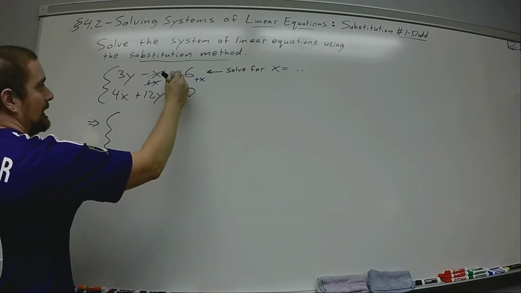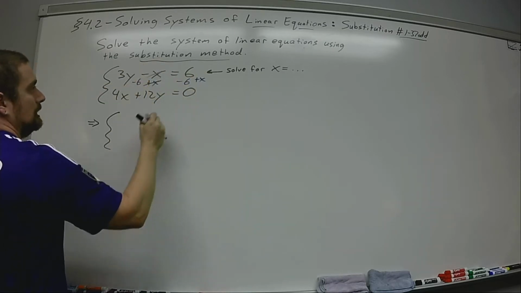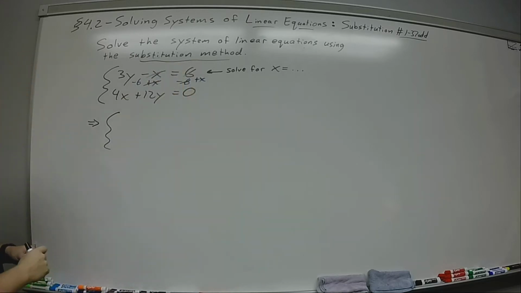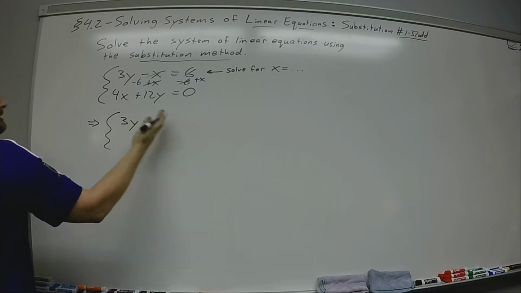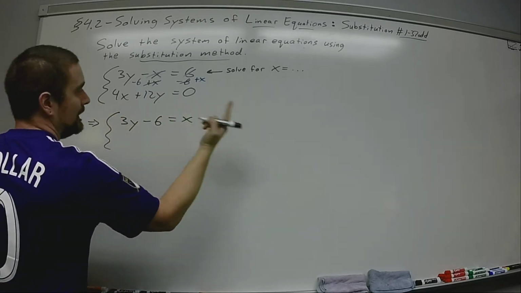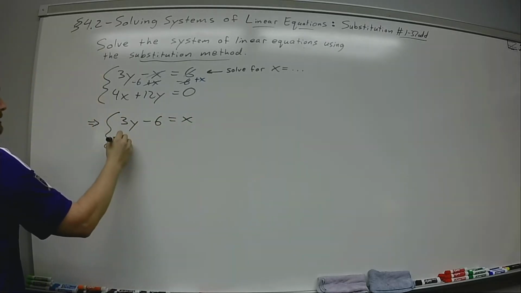And I'm going to subtract 6 on both sides so that I can get the 6 out of the way on the right-hand side. That will generate 3y minus 6 is equal to x for the first equation.